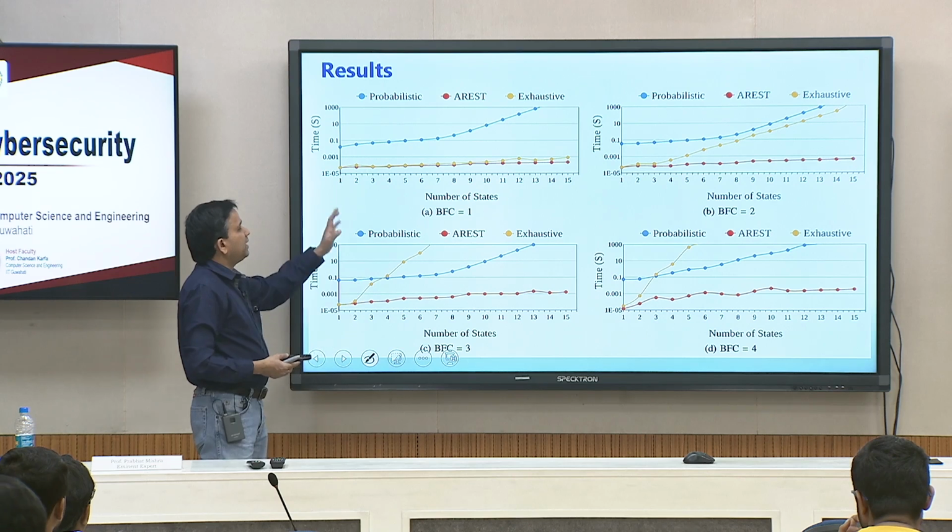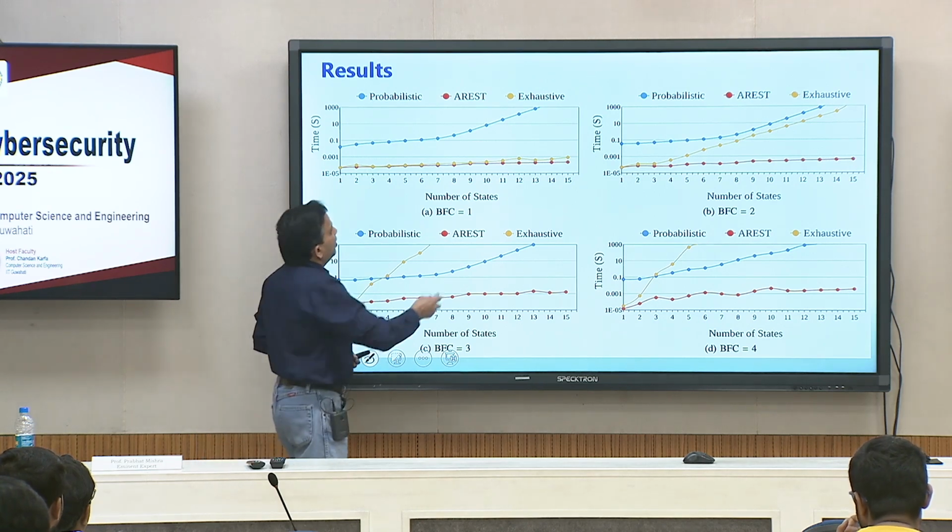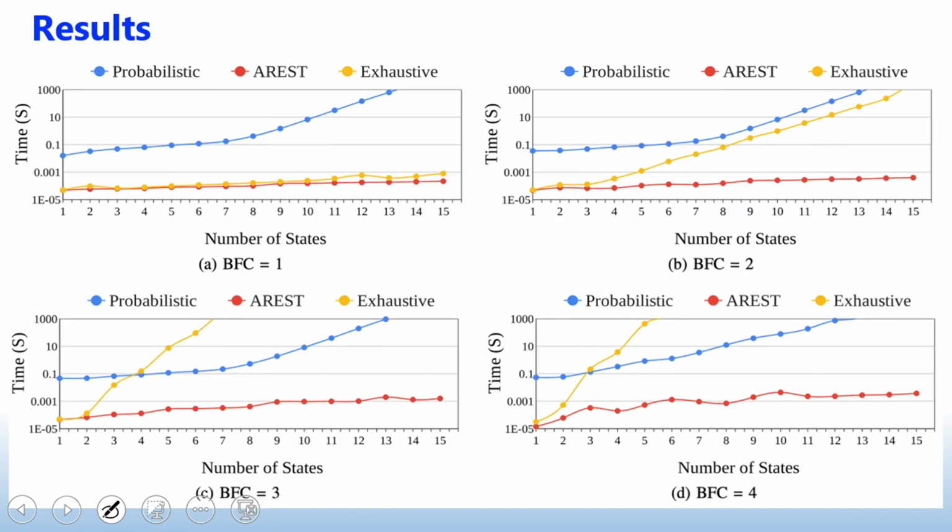So this is basically the result: if you do probabilistic for a very small laser fault capability of 1 bit flip, then with an increasing number of states the probabilistic one really goes high. But for a small number, exhaustive and our approach are fine.